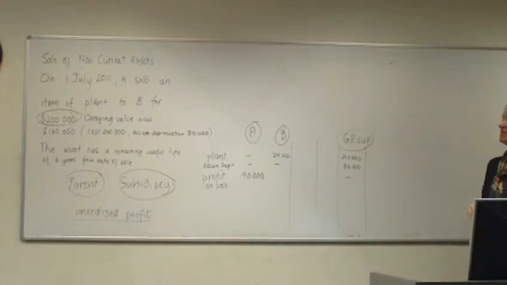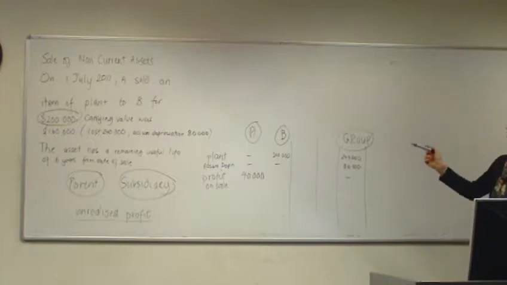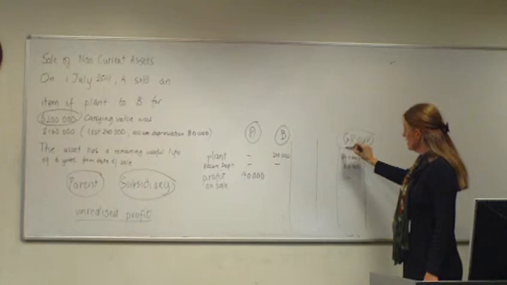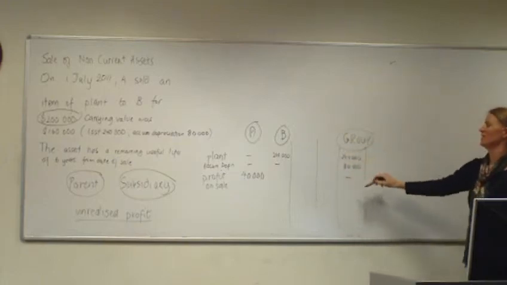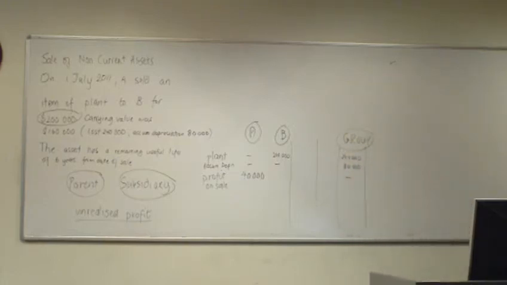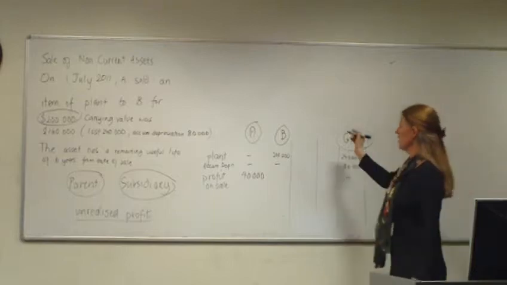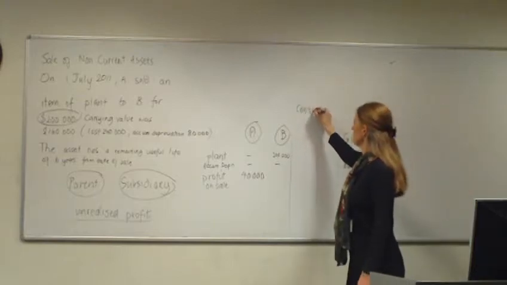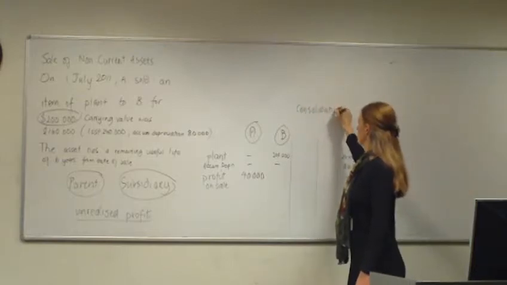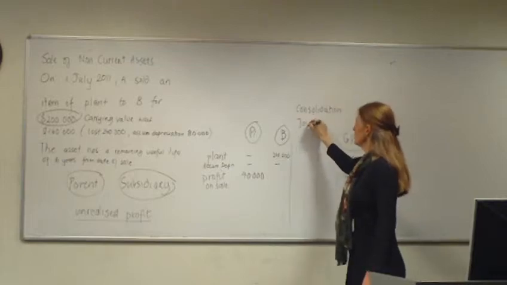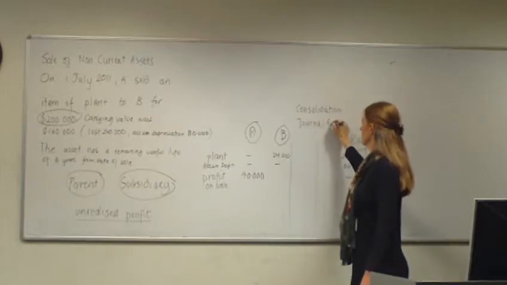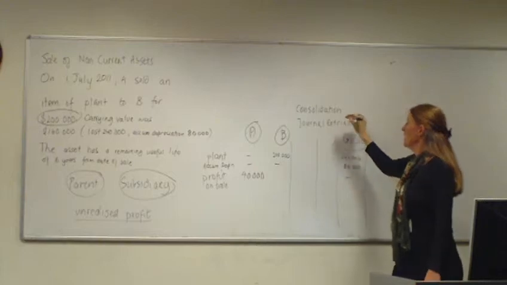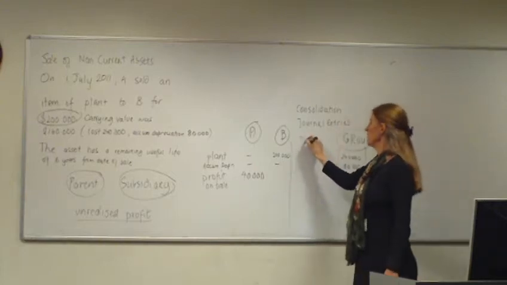So we have to do a consolidation journal entry, which gives us this for the group financial statements. We're going to have consolidation journal adjustments or journal entries, which in the worksheet are going to come here.